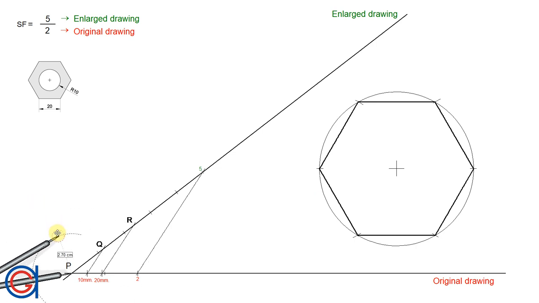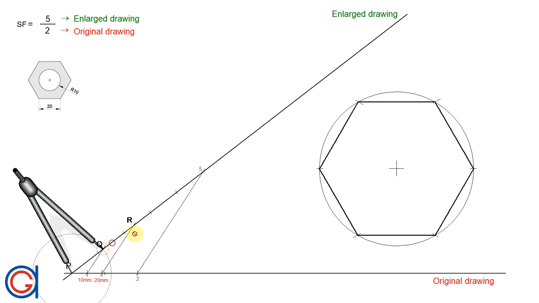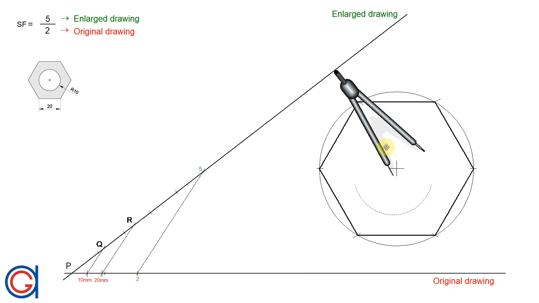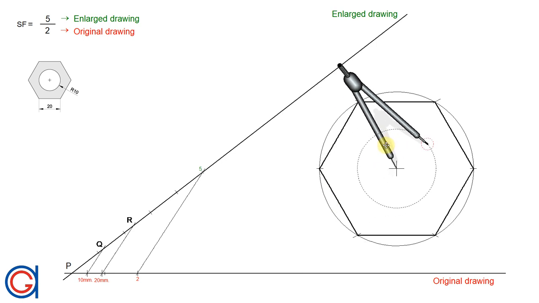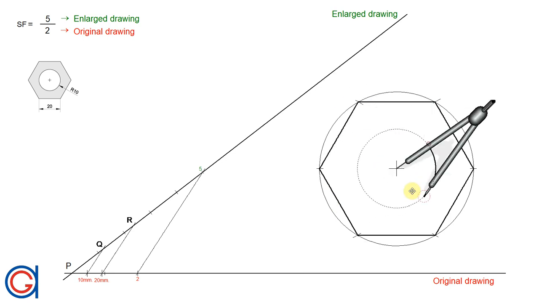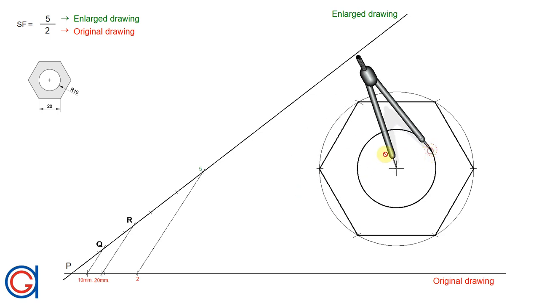And finally, we are going to draw the inner part of the nut by setting your compass on point P and with the radius PQ, as can be seen here. And with this radius, we're going to scribe a circle inside the hexagon in a thicker line. So here you have the enlarged drawing of the nut with the scale 5/2.